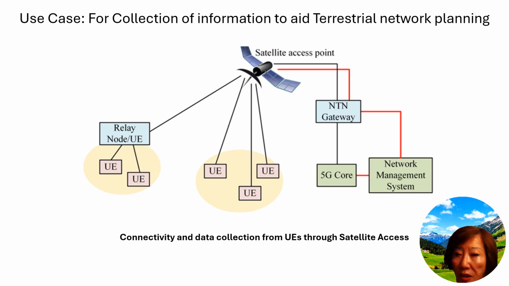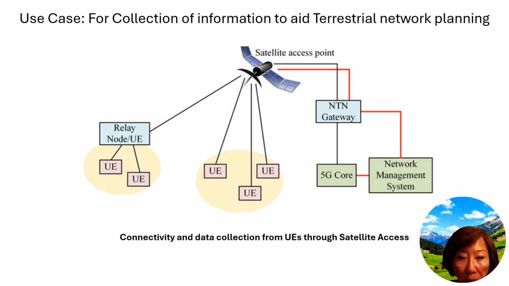The system is designed to collect data from multiple UEs, which could be sensors, IoT devices, or other types of equipment. So it's doing data collection. The diagram obviously shows a clear hierarchy from UEs to satellite, then to ground infrastructure. The ground infrastructure here includes the NTN gateway, the 5G core, and the NMS.